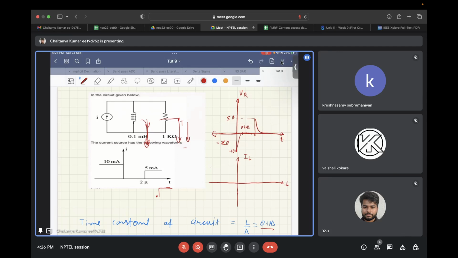Again, on the y-axis we have IL, and on the x-axis we have time. For t less than zero, all the current that this 10 milliamp current source is providing will be flowing in this inductor.